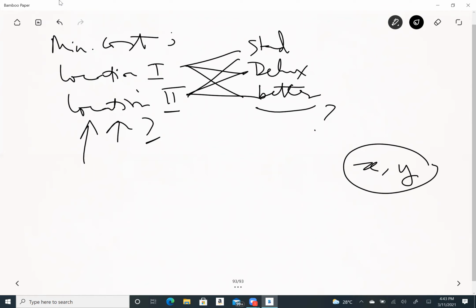Deluxe rate, standard rate. Okay, he said deluxe rates and then standard rates. Is this right or is it wrong? Anybody who has different variables than this?